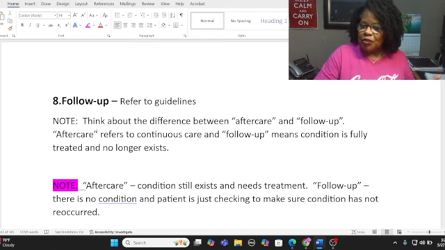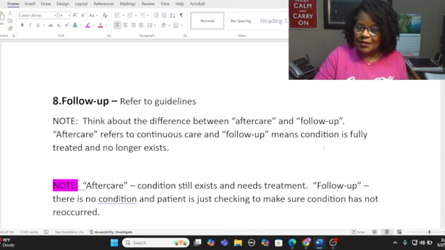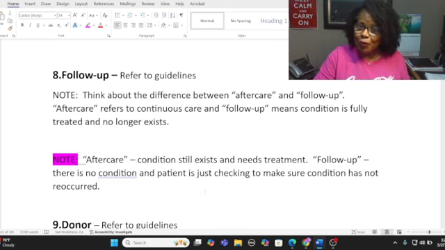So my little purple note, my Code Master Coach note, says aftercare means the condition still exists and needs treatment. But follow-up means there is no condition and the patient is just checking to make sure the condition has not reoccurred.